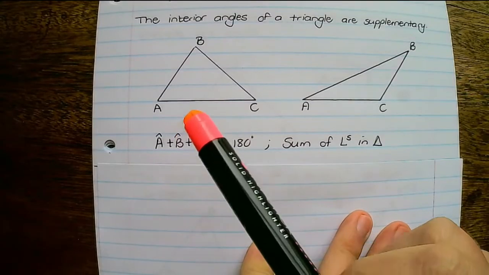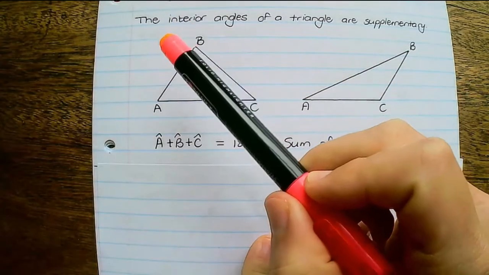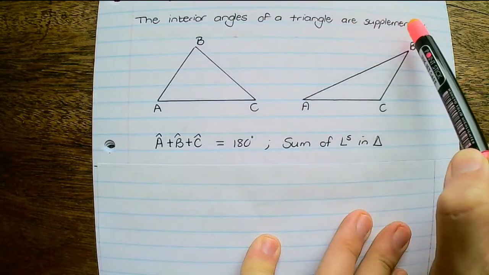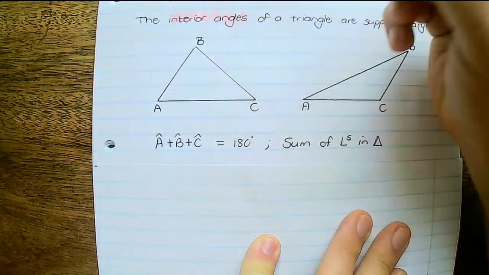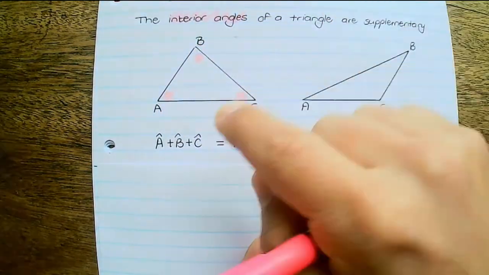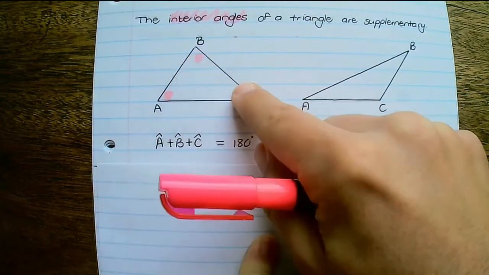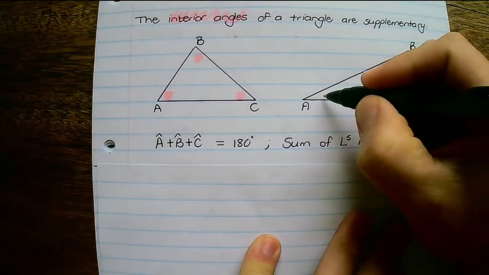In triangles, the first statement and reason that you normally learn are that the interior angles of a triangle are supplementary. Interior angles are referring to the inside of a triangle. So those three angles, A, B, C, on the inside of the triangle add up to 180 degrees.